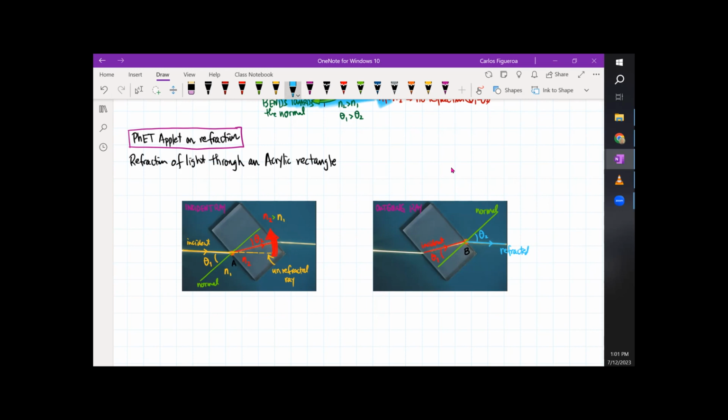But look what's happening. If you look at the red line now, if this is the incident, this is the angle that it originally started as it was going through. And look what the red did. Excuse me, the blue. The blue didn't go towards the normal. It did what? It went away from the normal.